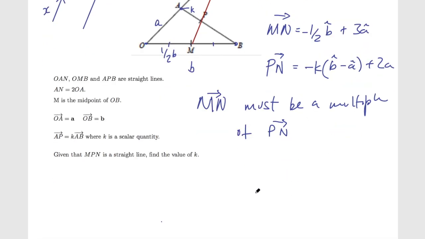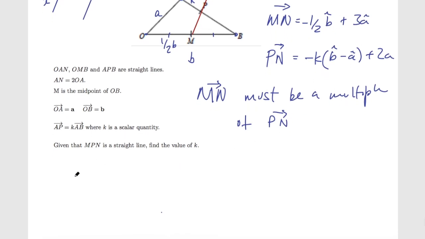So the first thing I want to do here is to rearrange PN so it's in the form of MN, in other words, in the form something b plus something a, and then I can relate the coefficient of b and the coefficient of a in order to solve for k. So let me show you what I mean. PN equals minus kb plus ka plus 2a.